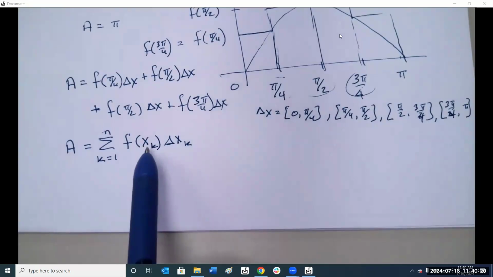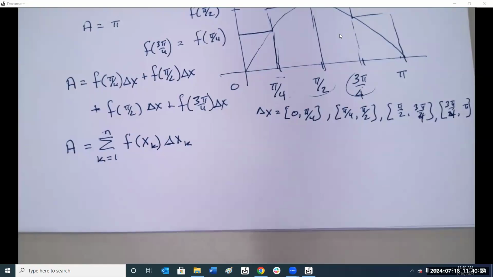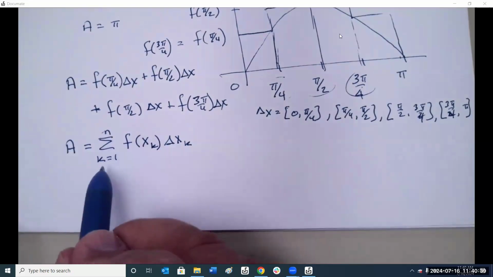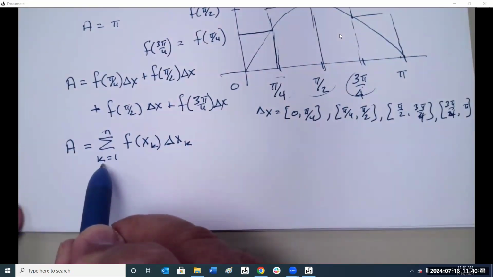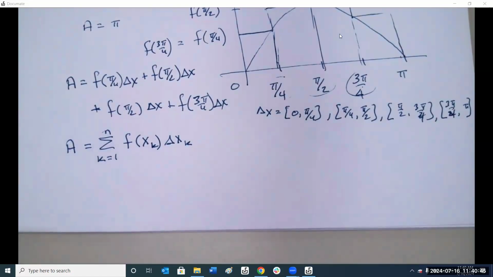Since we're adding them, and it's all f of x times delta x, this is how we can do it, where k is our index, and n is how many intervals we want to have.